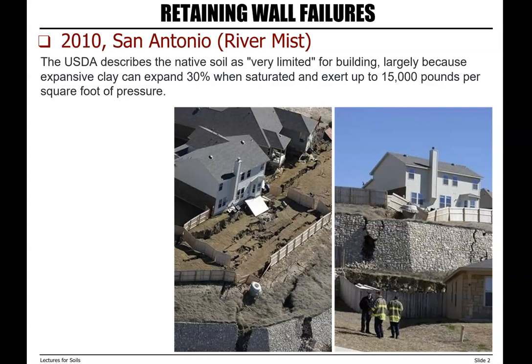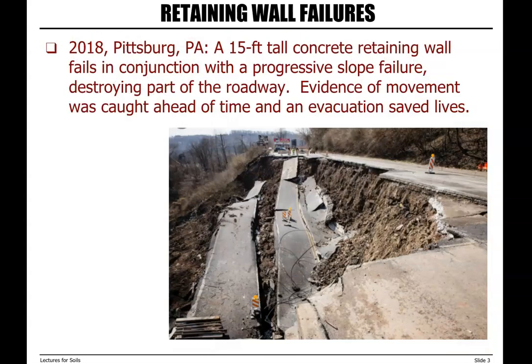Clay can expand 30% more than its original volume when it's exposed to moisture and saturated, and that can lead to up to 15,000 pounds per square foot of pressure. That was the cause of the retaining wall failure in San Antonio in 2010.